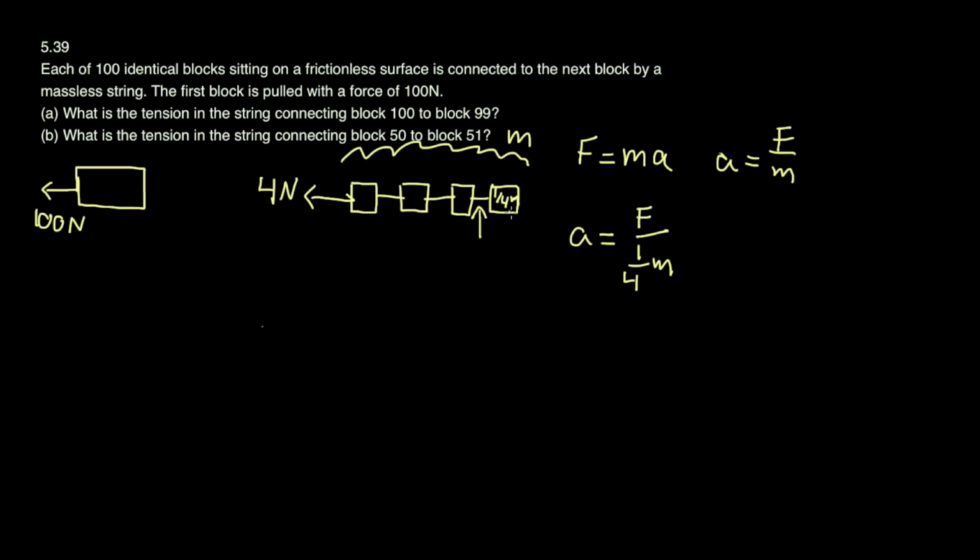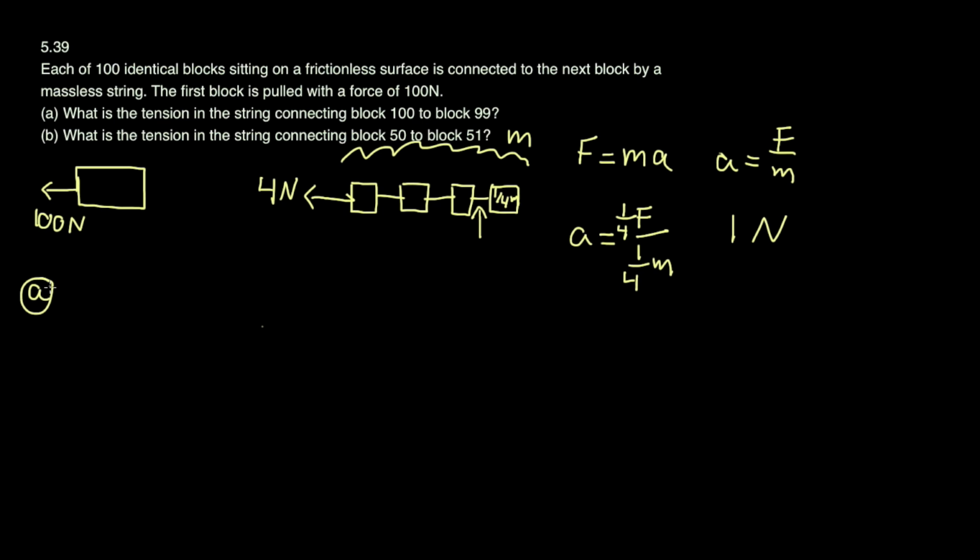It's just pulling 1/4 of the mass. So the force has to be scaled by 1/4 as well to make sure the acceleration stays the same. If we're pulling with 4 newtons, the tension in the string has to be 1 newton, because 1/4 times 4 is just 1 newton.